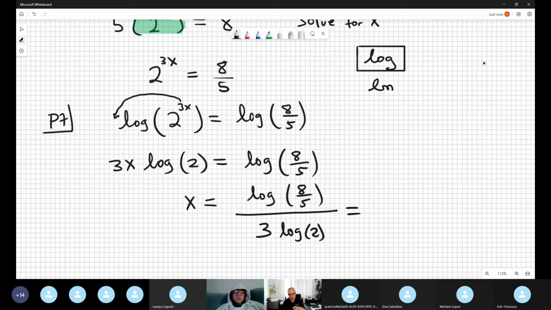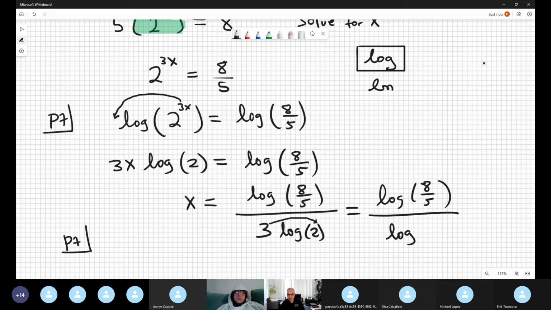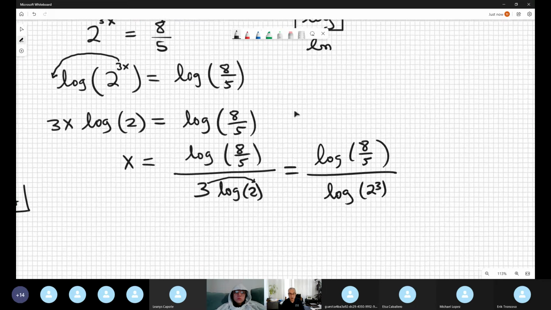I want to apply one more time property number 7, but backwards. This 3 you put as an exponent, so you put log a over 5 divided by log of 2 to the third power. You understand this? And 2 to the third power obviously is 8. Then you put 8.